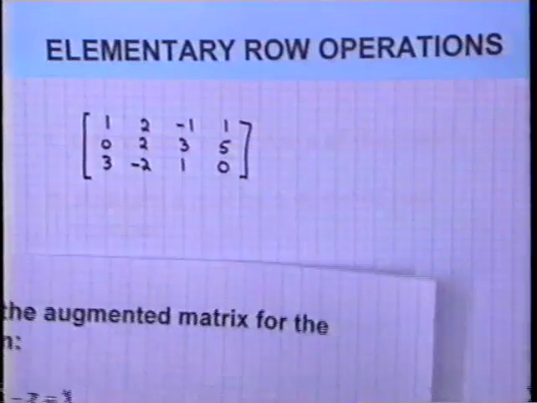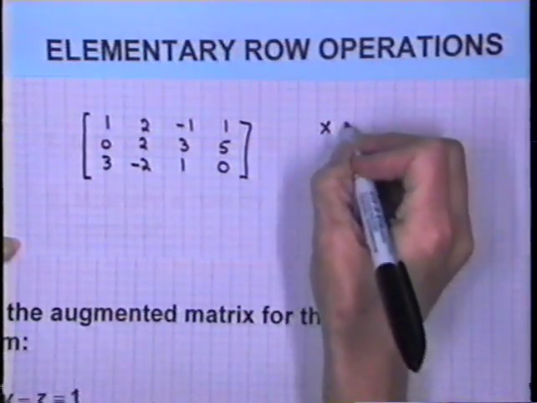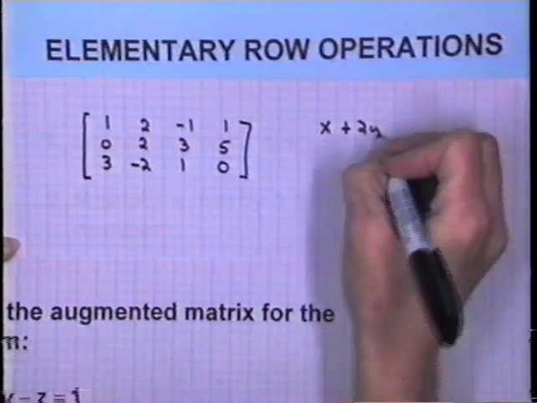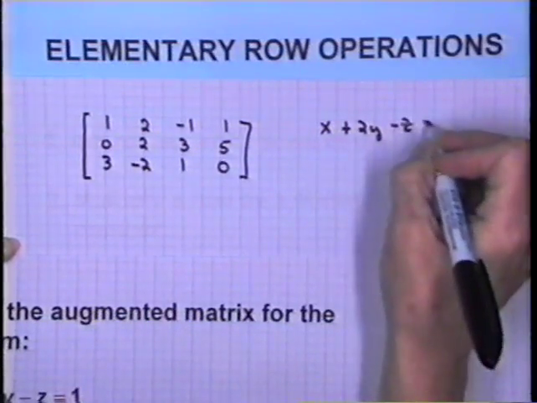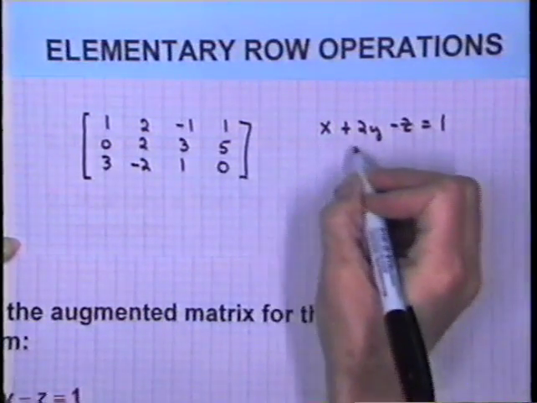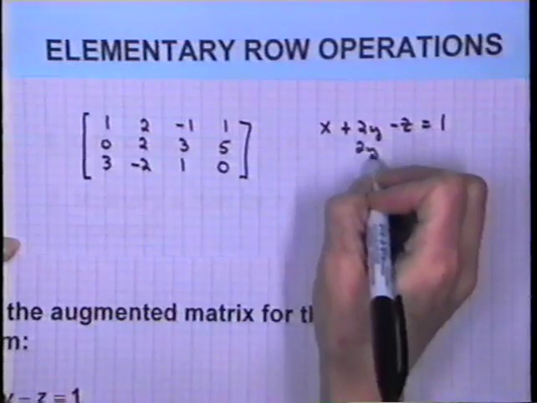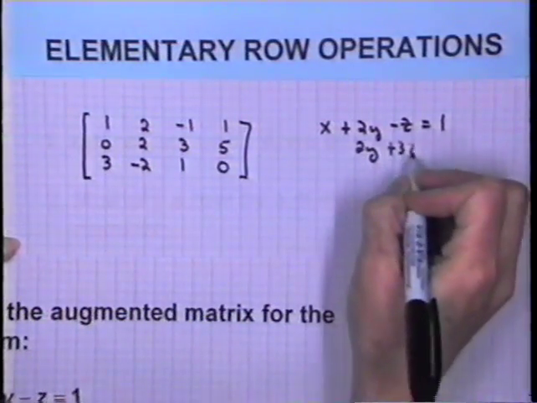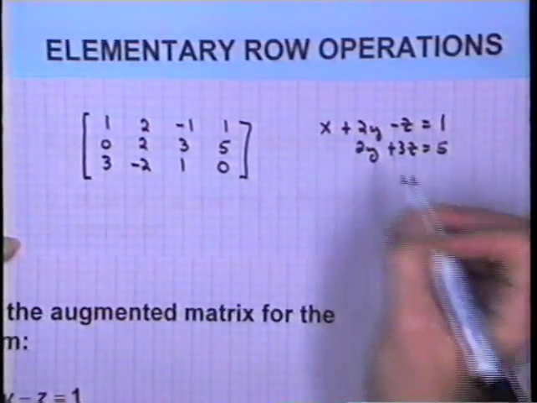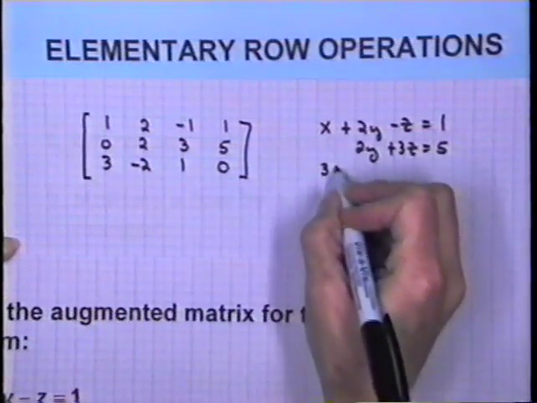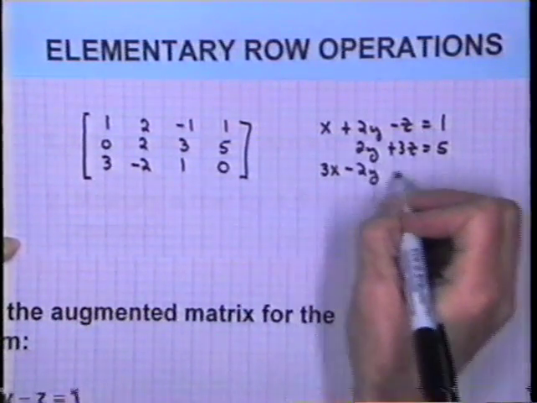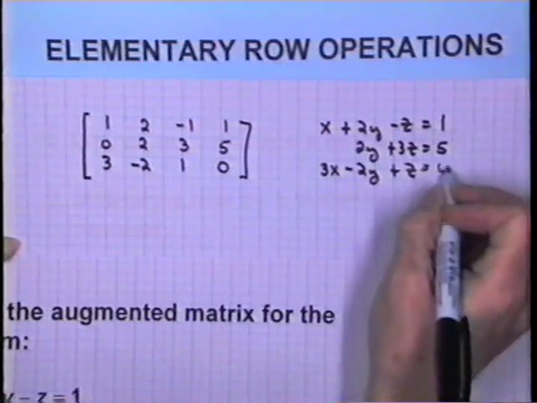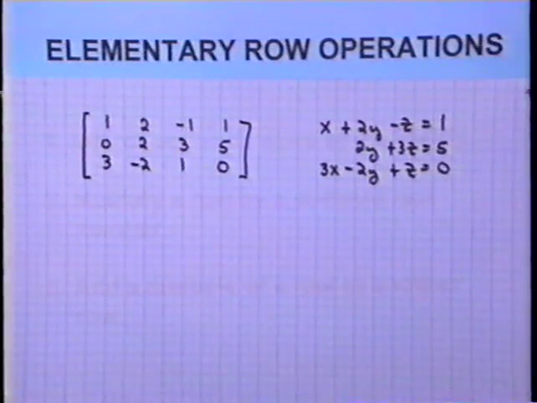Now, I want to write these equations again over here also. x plus 2y minus z equals 1. 2y plus 3z equals 5. And 3x minus 2y plus z equals 0.